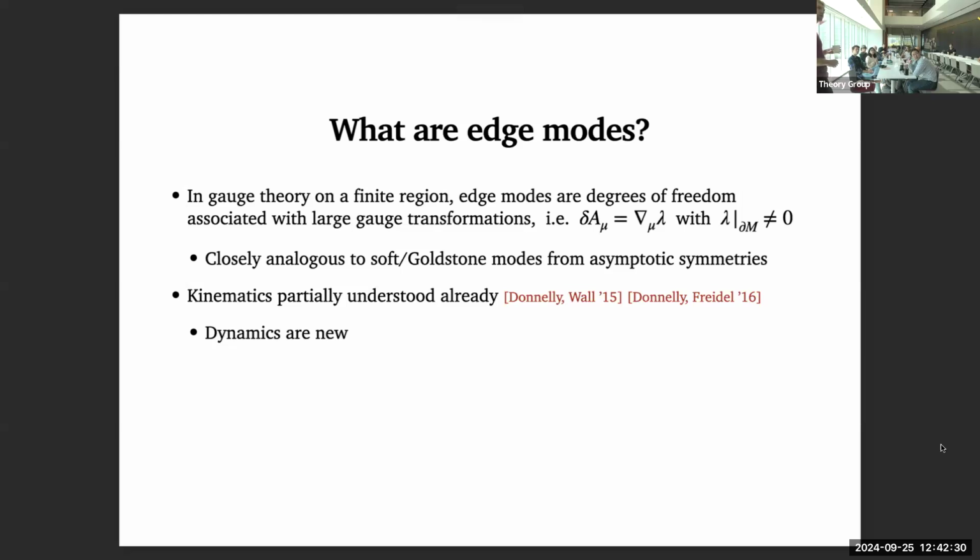Yeah. So for the finite manifold case, the edge mode kinematics were partially understood from different sides, from these two great papers in 2015 and 2016, but for both those cases, the dynamics for these degrees of freedom were basically not studied.